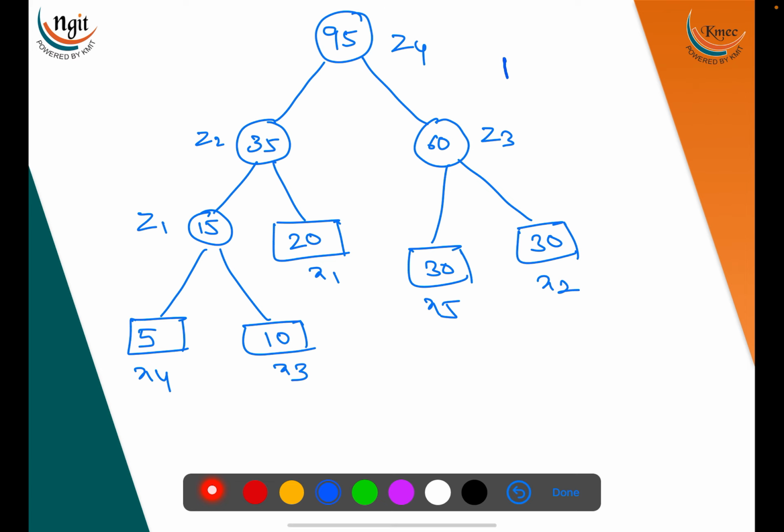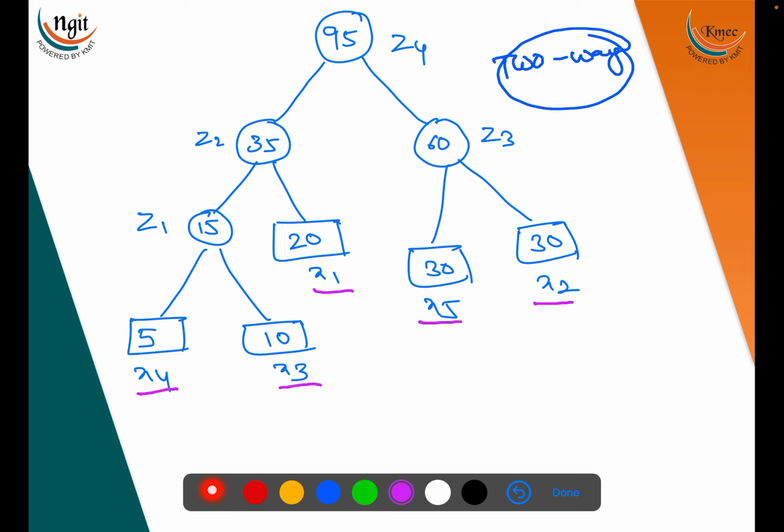A binary merge tree represents the optimal merge pattern obtained for the above 5 files. The 5 files are x1, x2, x3, x4, x5. These are 5 different files that I want to merge into a single file.